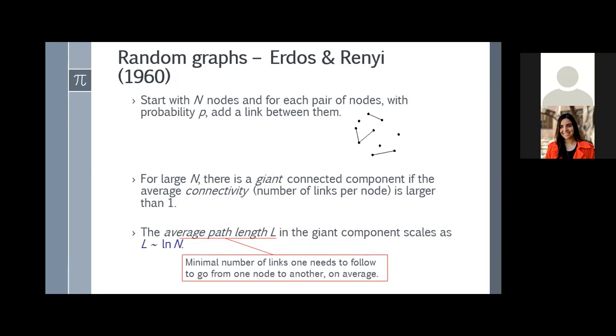Why is it important? Because we then compare real graphs, which are certainly not random at all, with the properties of random graphs. You see that the distance is a logarithm of n. If n is, say, 100,000 or 10,000, it means it's a logarithm of 10,000, which is relatively small. On the other hand, at the end of my talk we will discuss Milgram's experiments, six degrees of separation.